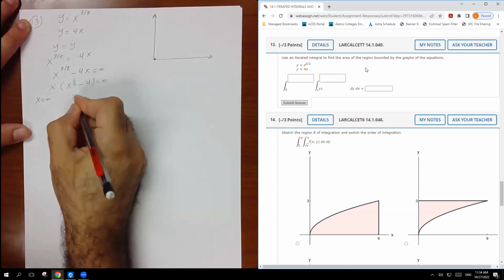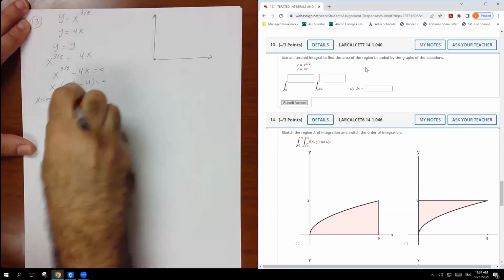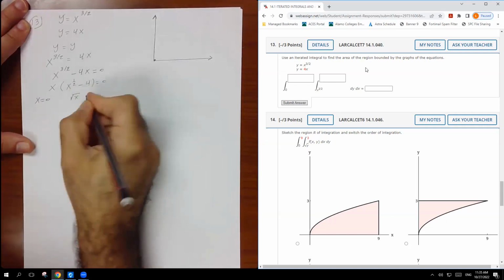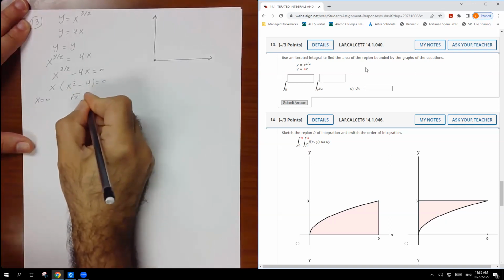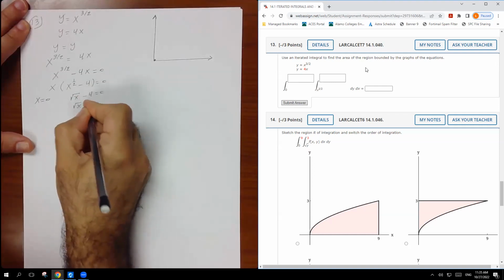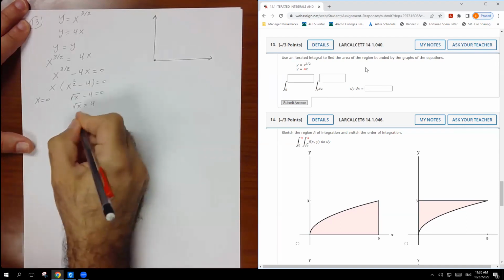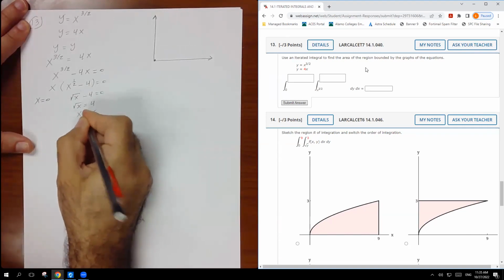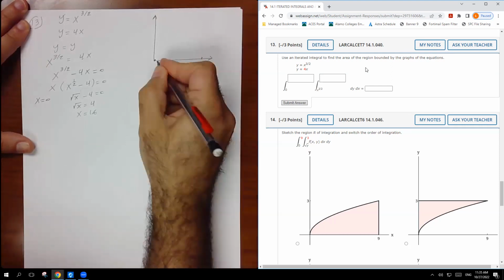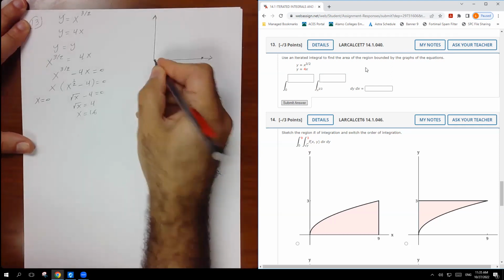And now the square root factor: square root of x minus 4 equals 0. That means square root of x equals 4. Square both sides, so x is going to be 16. So here is the boundary for the x.